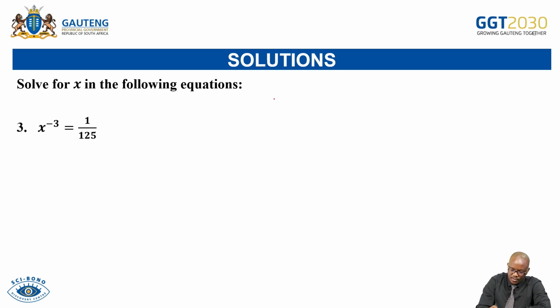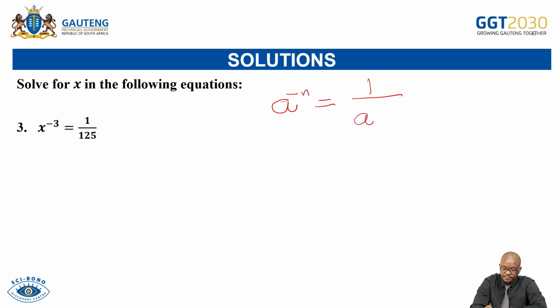We now need to go back to our laws of exponents. If you have an exponent of a negative number, we can change it to a positive number by writing it as 1 over a to the power of n.